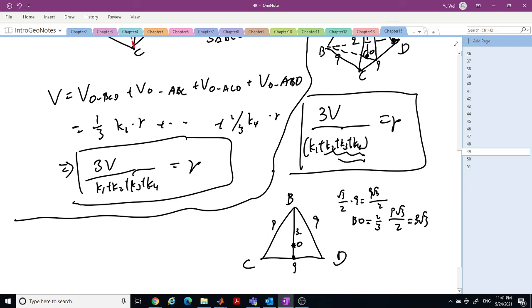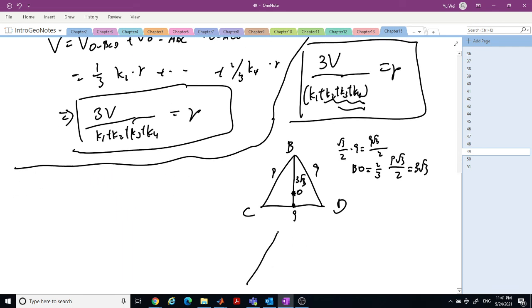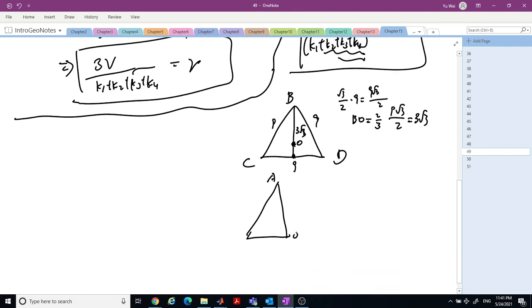So BO is 3 root 3. Then we have A and O, and AB is 18, with BO being 3 root 3. Now what is the height? The height is 3 root 33.